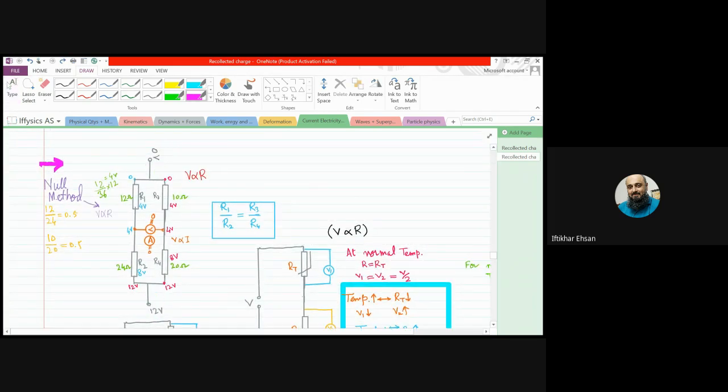So to find the voltage across the 12 ohm, we divide 12 by the combined resistance 36 and multiply by the voltage 12. So we get 4 volt. So it consumes 4 volt. And similarly, applying the same formula, we get 8 volt here.